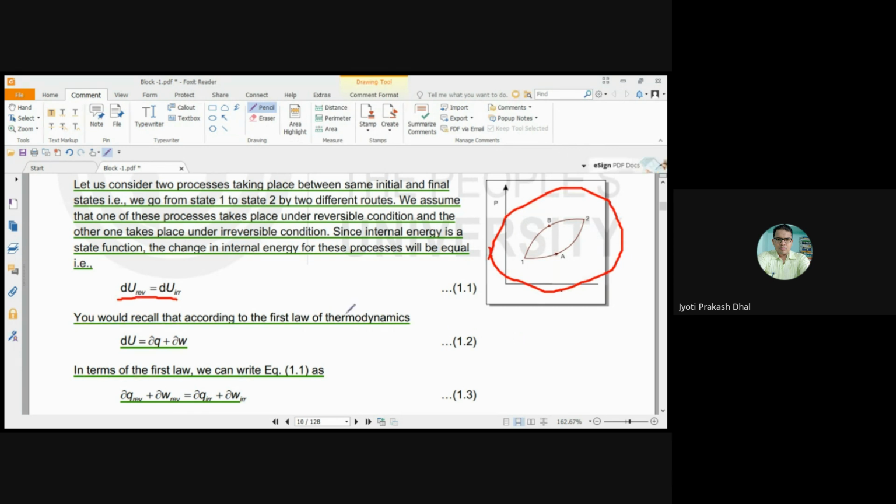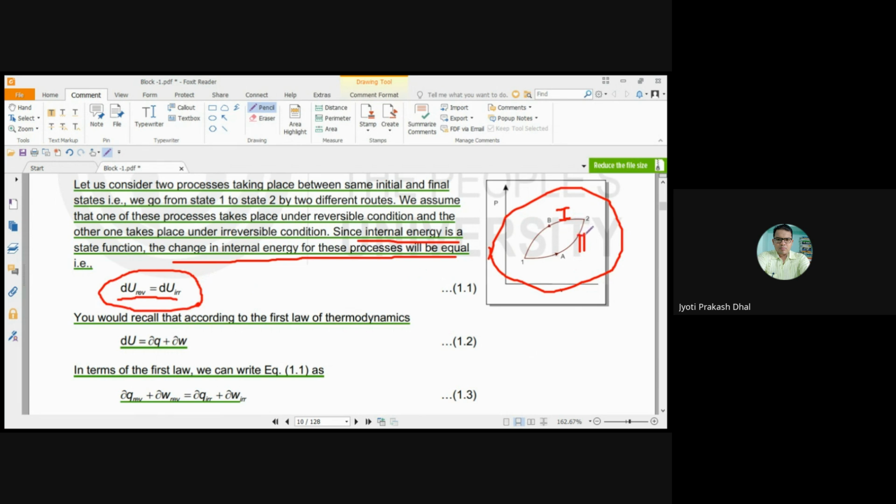We also know that internal energy, enthalpy and entropy are all state functions, and you have also studied state functions and path functions. Since internal energy is a state function, the change in internal energy of this process will be dU reversible equals dU irreversible. Suppose this is path 1 and this is path 2.